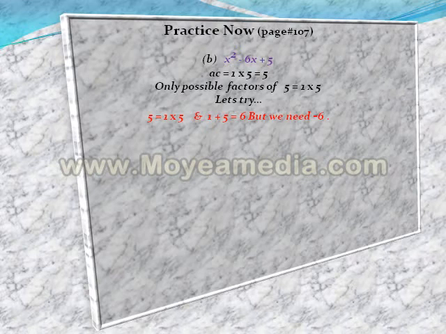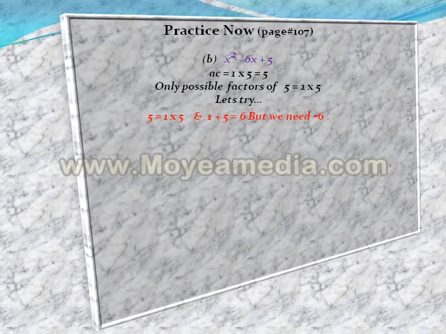Remember, the first condition was that this pair of numbers, when multiplied, should give us the product AC, which is 5. The second condition: when we add these two numbers, we should get the coefficient B of x. Remember now, the coefficient of x is basically minus 6, not 6.